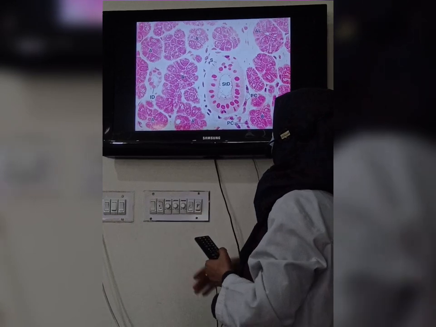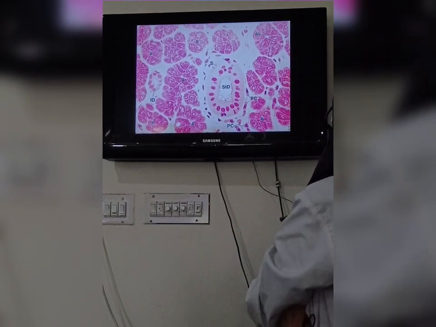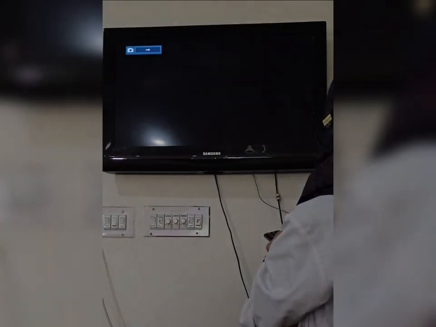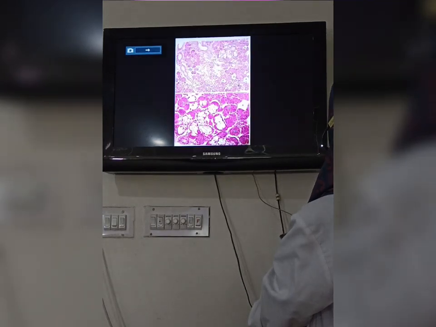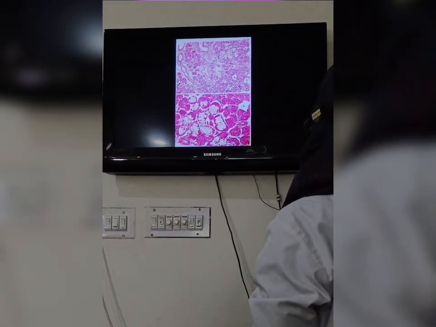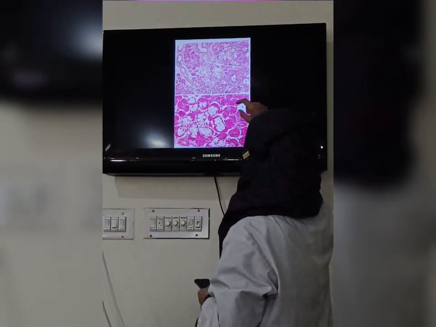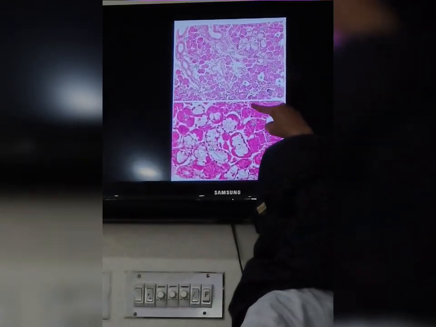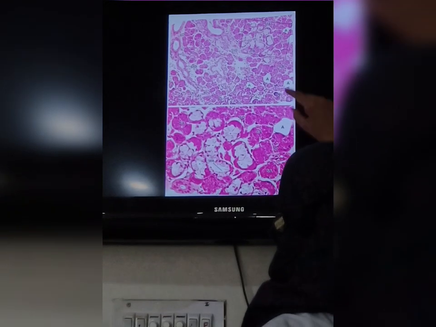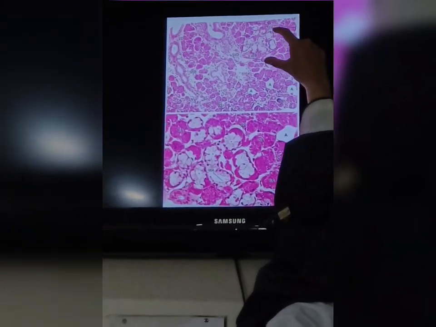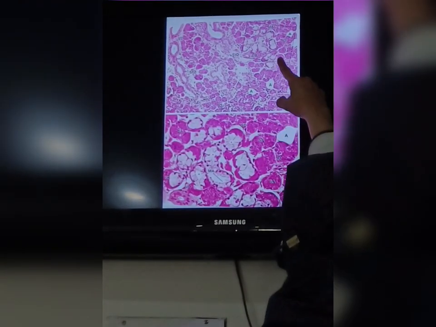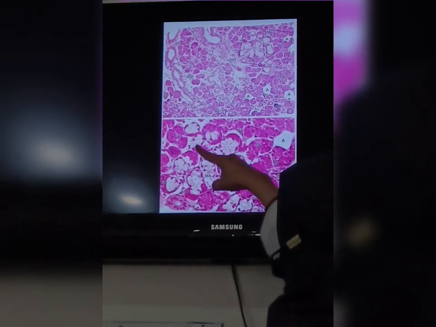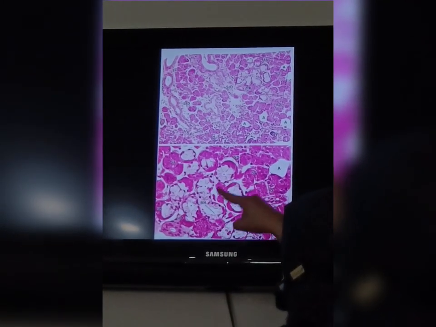So this could be a slide of the parotid gland. Let's see some other things. Again, the tissue showing either upper portion or lower, the darker stain are all serous acini. But here you observe a collection of mucous acini. That portion is enlarged, and you can see this mucous acinus with the cap, the serous demilunes, right?